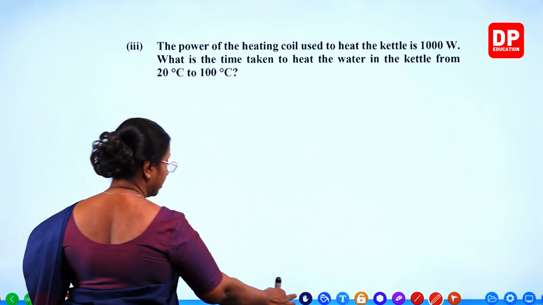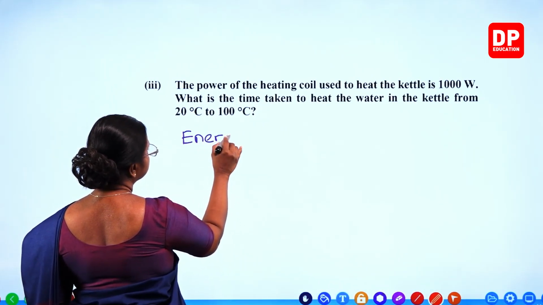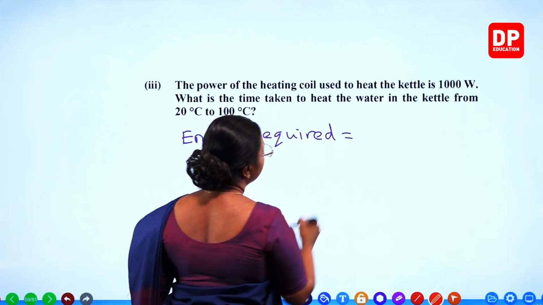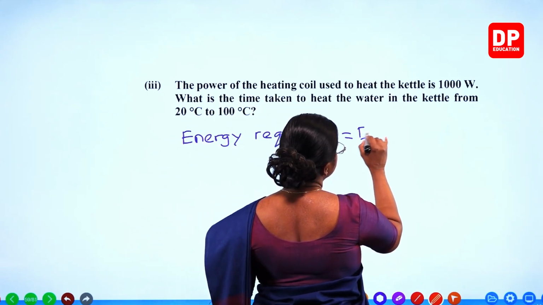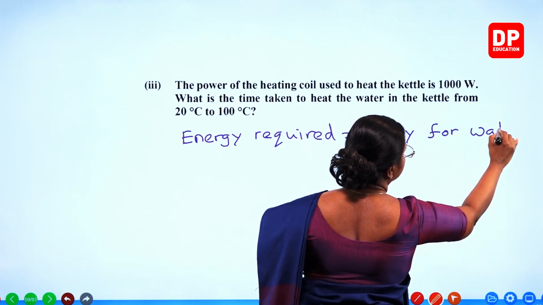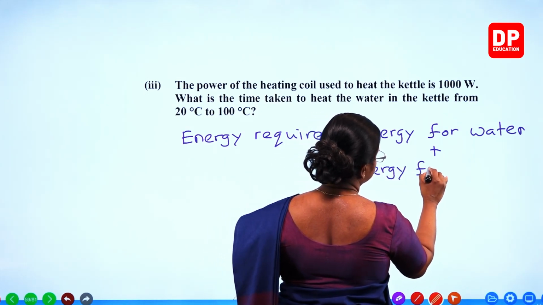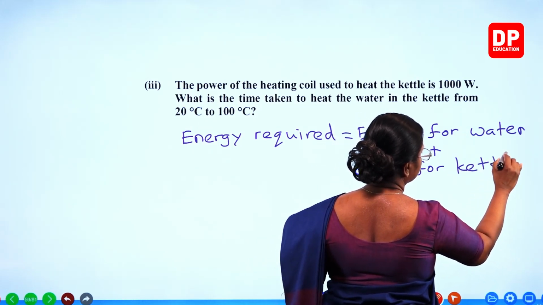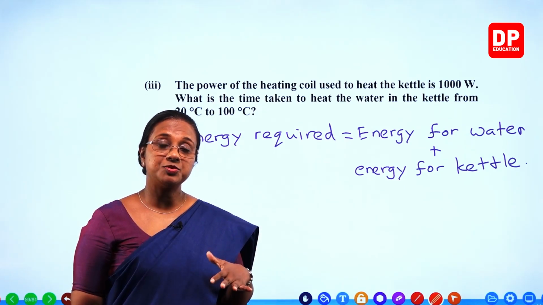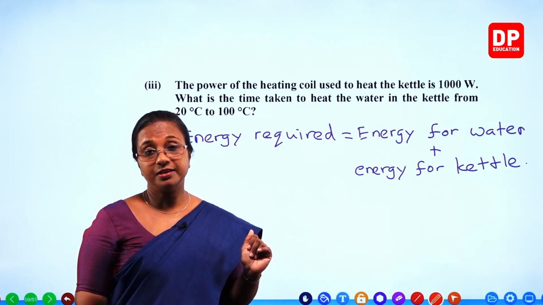But here also you need to consider, students, the energy required is equal to energy for water plus energy for kettle. Because when you provide heat energy, initially the kettle absorbs, then the water. So both of them go from 20 degrees Celsius to 100 degrees Celsius.